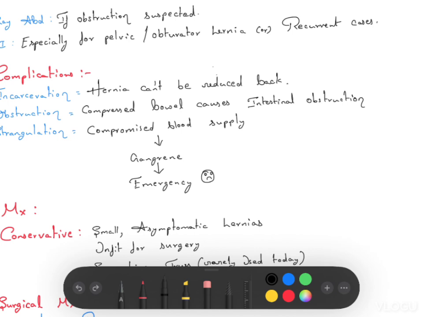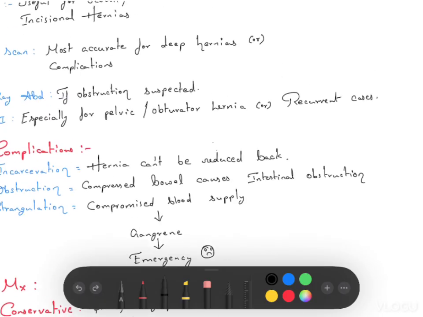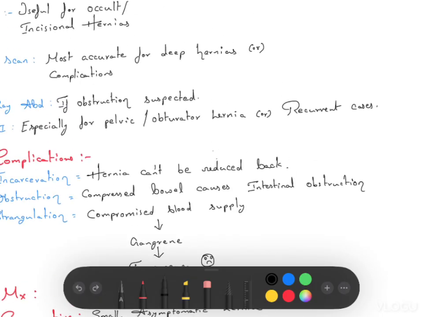So next we have some classification. Based on the classification, we have to treat the hernia patients. First one is inguinal hernia, where we can see indirect and direct. Indirect hernia is lateral to the inferior epigastric vessels through the deep ring. This is the most common. Next, direct hernia is medial to the inferior epigastric vessels through Hesselbach's triangle.